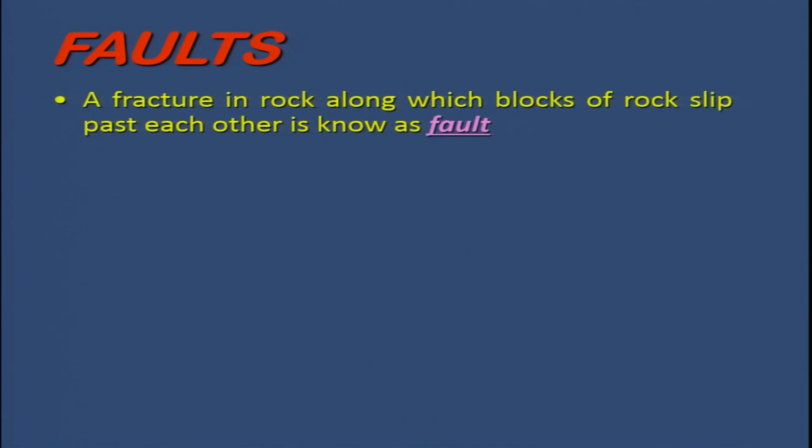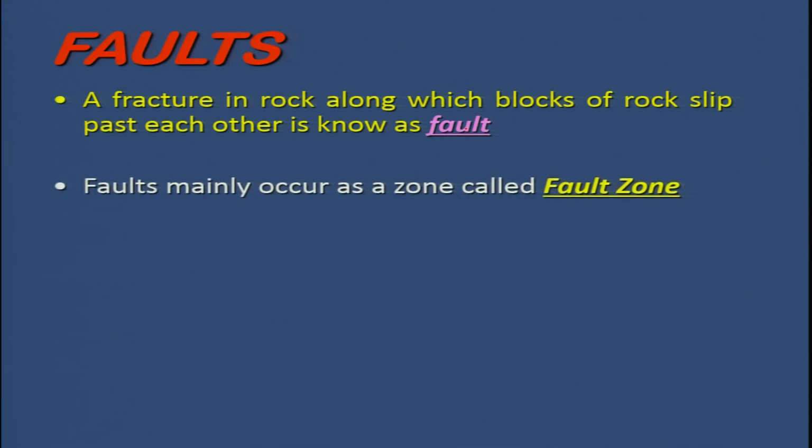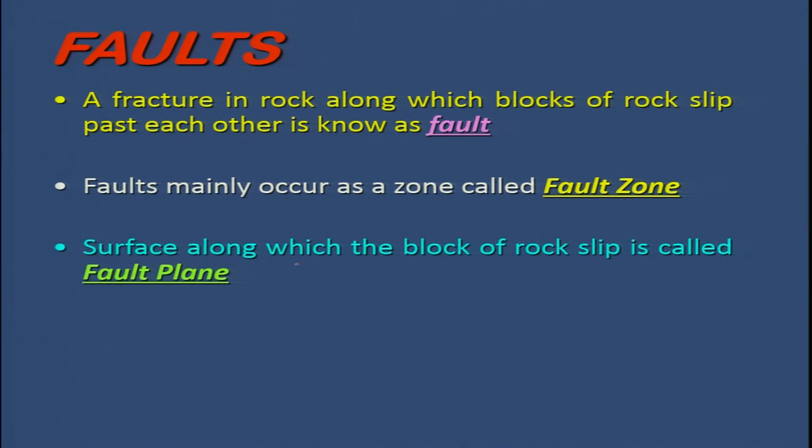If we take a definition, a fault is a fracture in rock along which blocks of rock slip past each other. Faults mainly occur as a zone called a fault zone, and the surface along which the fault block moves or slips is termed the fault plane.